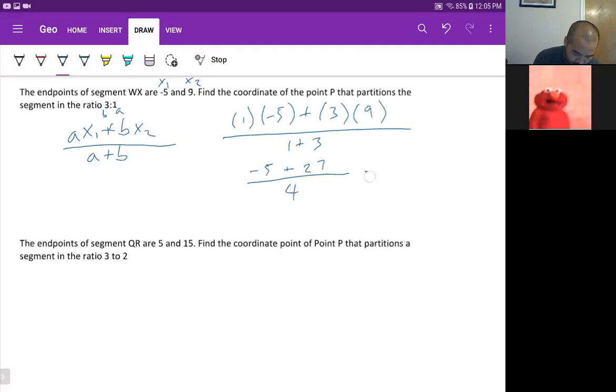So that's going to be 22 divided by 4. Oh. I think on yours, they should come out as whole numbers. This one I changed some numbers so it doesn't come out pretty, 22 over 4. Yeah, at least it's rational. So this comes out as 5.5. Let me know if I'm going too fast or anything.